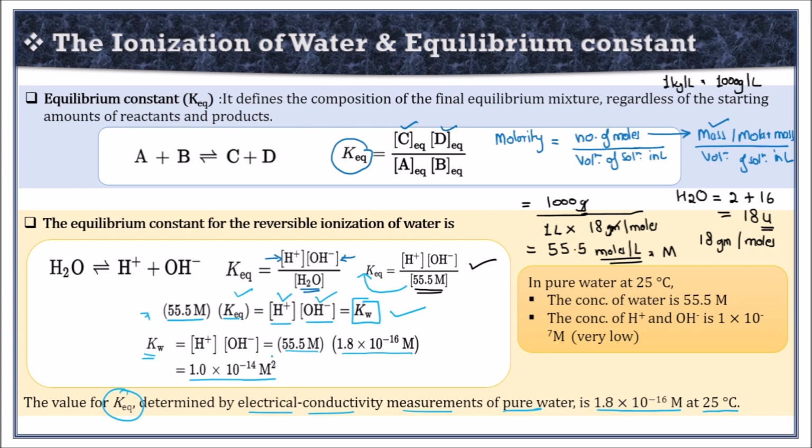This is amazing, because this number makes our calculation very easy, as we will see in our coming slide. So the ion product of water is 1 into 10 to the power minus 14 molar square. Molar square is important because we are multiplying two molar quantities.